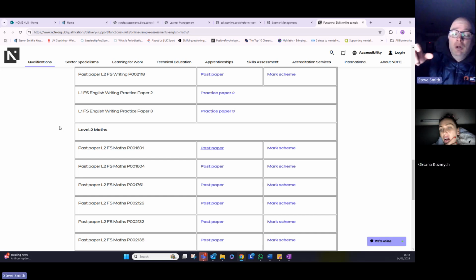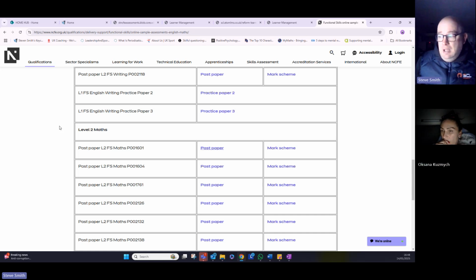You do it on your laptop at home, as long as it's quiet and there's no disturbances. And if you pass, you get a level 2 certificate, level 2 maths, level 2 English, like any other college or educational place would give you anyway. So it's the same. NCFE is a national awarding body run from up in Newcastle.